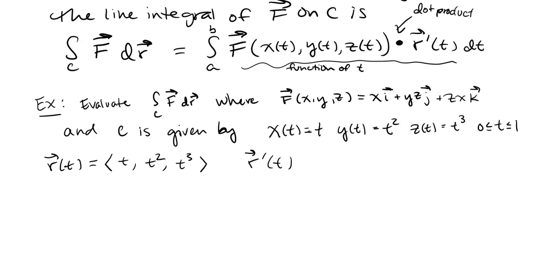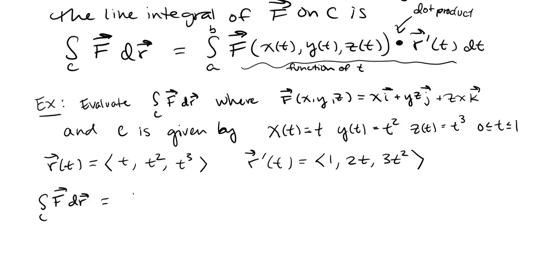So let's find r prime of t. Remember, to do that derivative, we just take it component-wise with respect to t. So the derivative of t is 1, of t squared is 2t, and of t cubed is 3t squared.